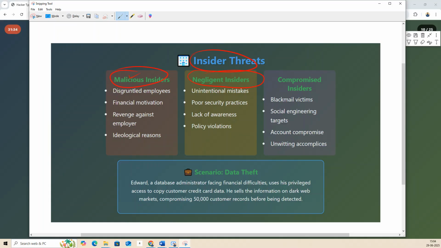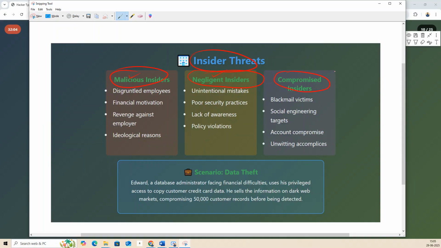They practice poor security hygiene, using weak passwords, sharing accounts, or accessing company data on personal devices. They lack security awareness and don't understand the impact of their actions. And they violate policies not out of malice, but out of convenience or ignorance. These are negligent insiders.